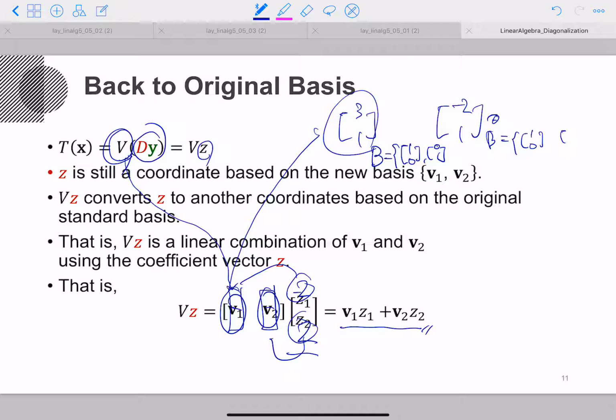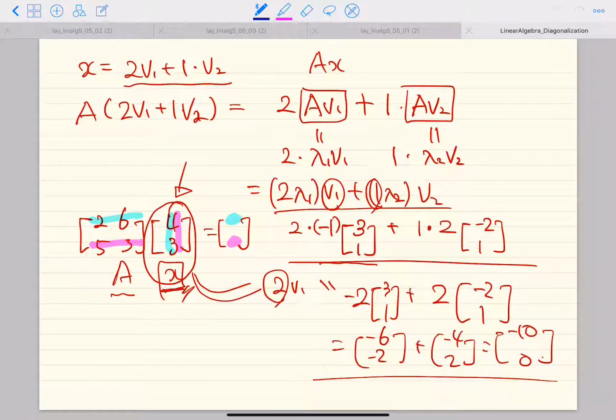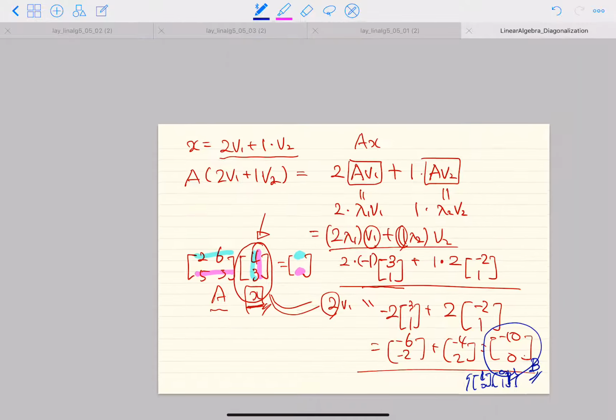So we represent v1 and v2 with respect to the standard basis, then multiply by the corresponding coefficients, and the final vector we obtain is (-10, 0), which is the coordinate vector with respect to (1, 0) and (0, 1).